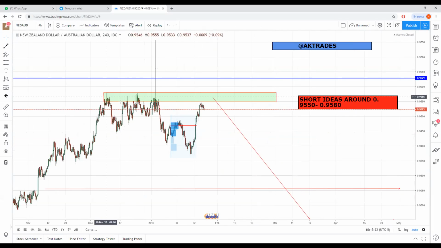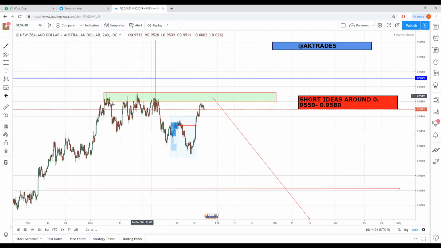Just using structure, we can see how price has rejected this area, and we can also see this long shadow, which is giving us an indication of high selling pressure, and they also ran up some stops there. We can see how price rejected this and went down, and now it is retesting these levels again. So we can have some short trade around this area.